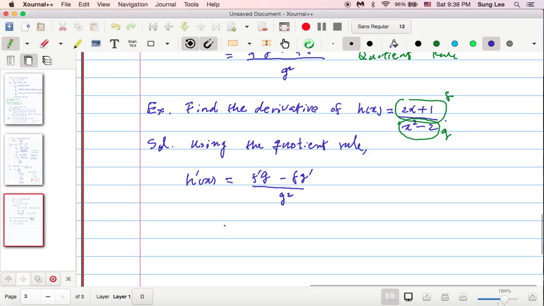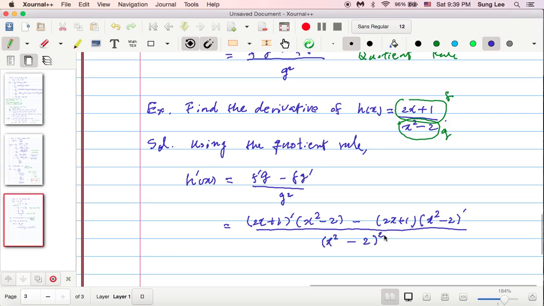G squared. So f prime here is 2x plus 1 prime multiplied by x squared minus 2, minus 2x plus 1 stays the same and multiplied by x squared minus 2 prime. Okay, all over g squared, so x squared minus 2 squared.